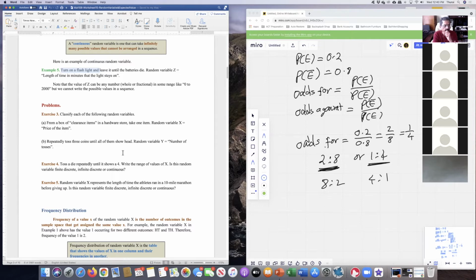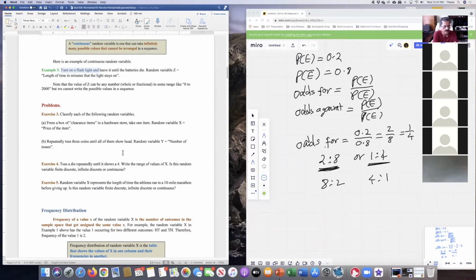Okay, anybody else? I think infinite discrete. Infinite discrete, okay. Any other answer? It's neither infinite discrete nor continuous.